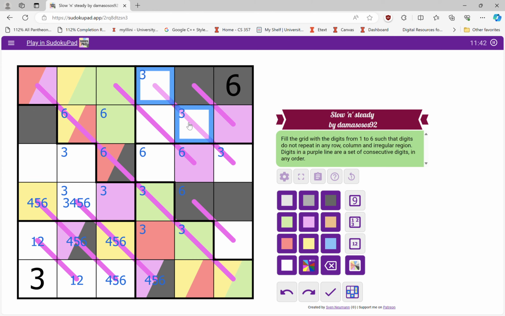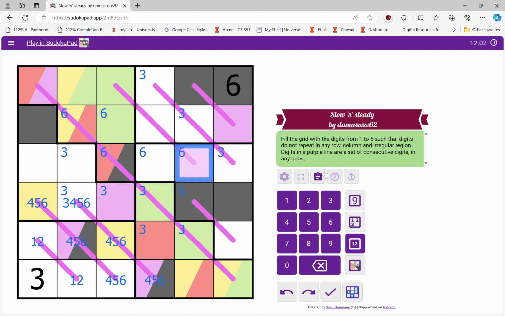So then these two would have to be 1 and 2, and this would have to be a 3. And then over here we would also have 4 or 5. Which breaks because of the pink one here that has to be 4, 5, or 6. So the pink case I don't think is actually possible, but just to check.